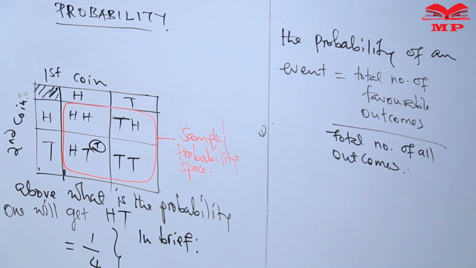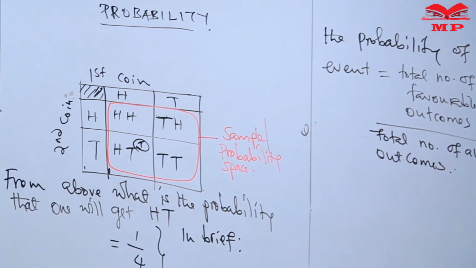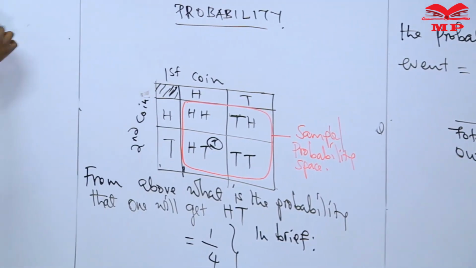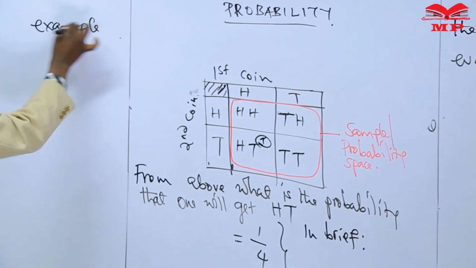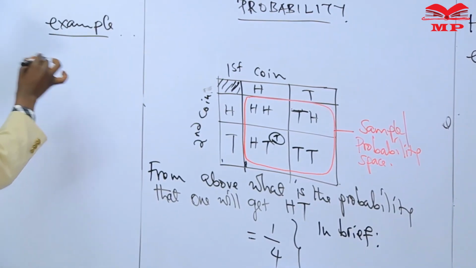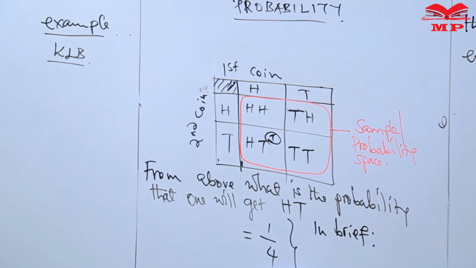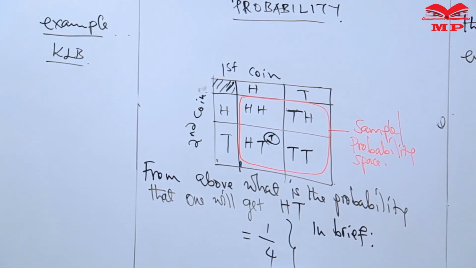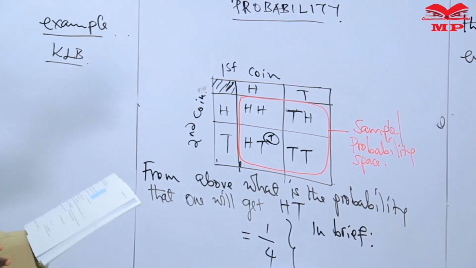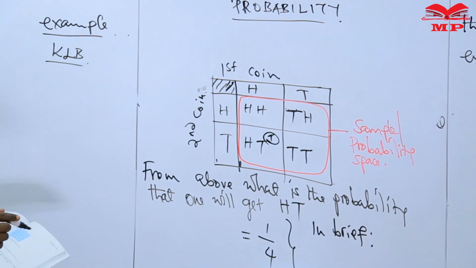So with that, I want us to take an example from our books. So our example is from KLB, Probability. So the example I want us to take is this.